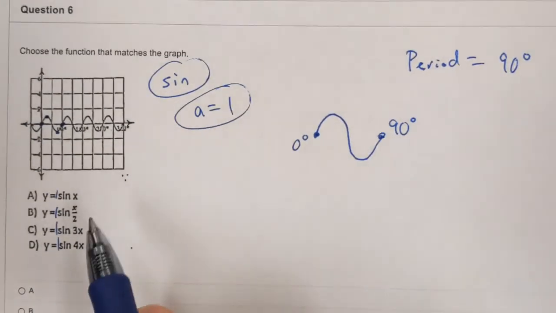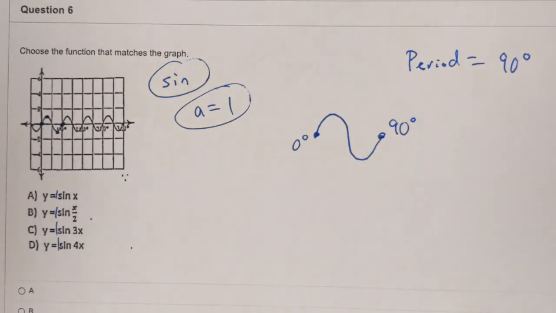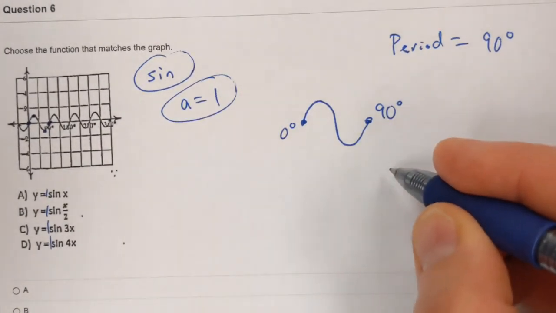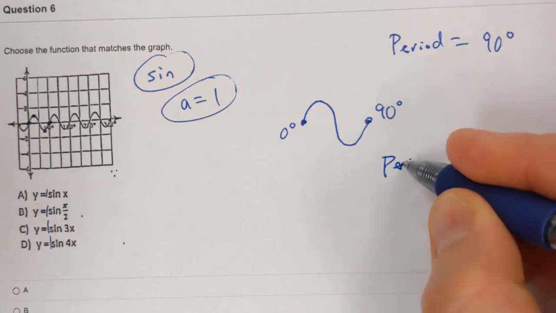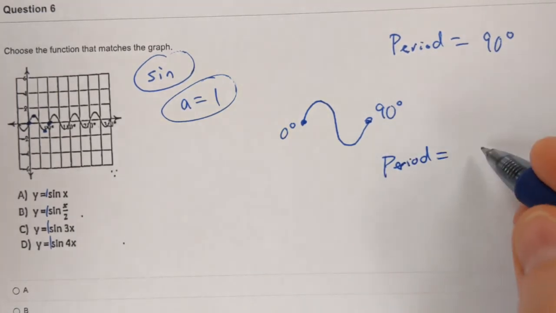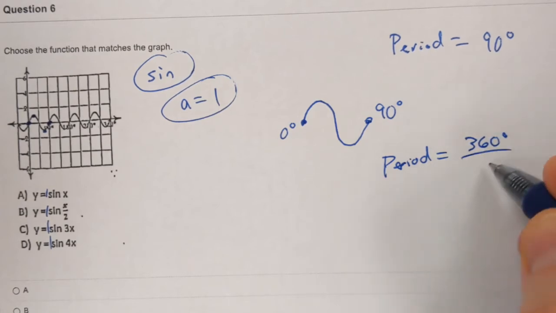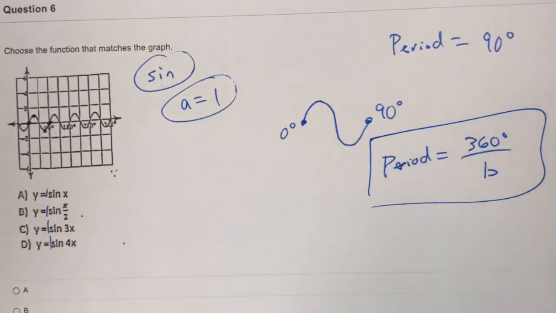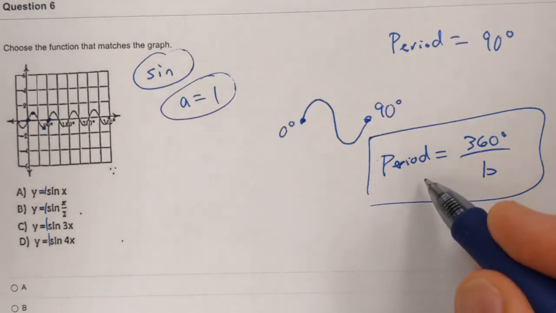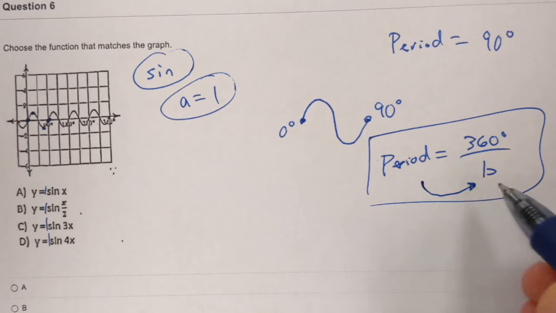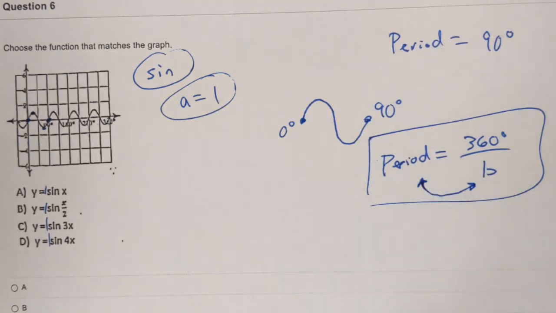So we need to find the b value that matches this period. We already learned the formula that the period is equal to 360 degrees divided by b. If you don't have that in your notes, make sure you write this down. But I want you to realize you can actually flip-flop the period and the b.